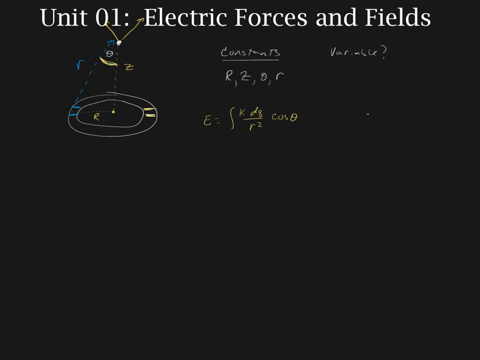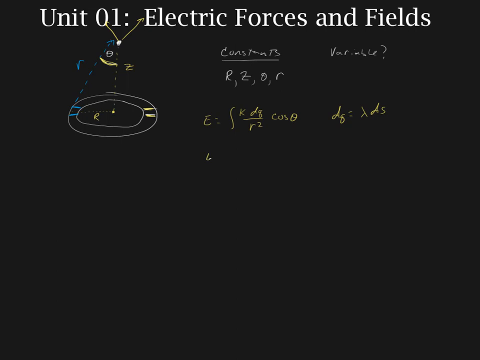Now, just like before, we know that dq is equal to lambda and a length, and in this case we're going to use ds. The reason we're using ds is because we're talking about a circle, and we use arc length to determine the length for portions of a circle.